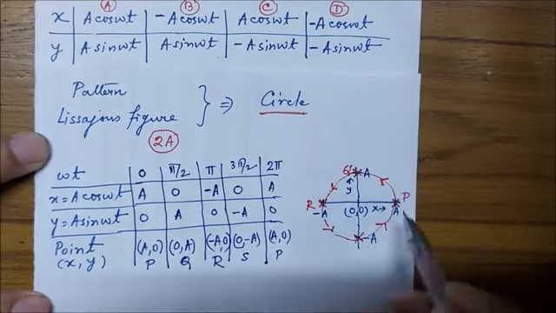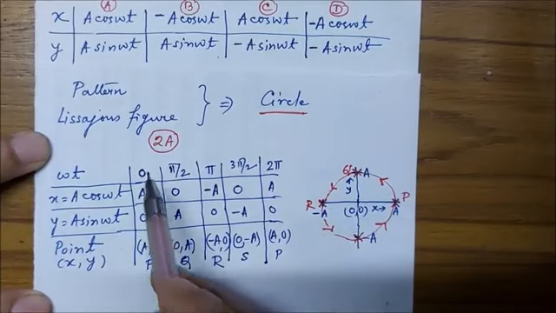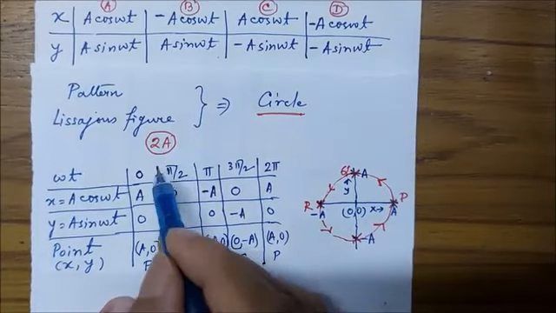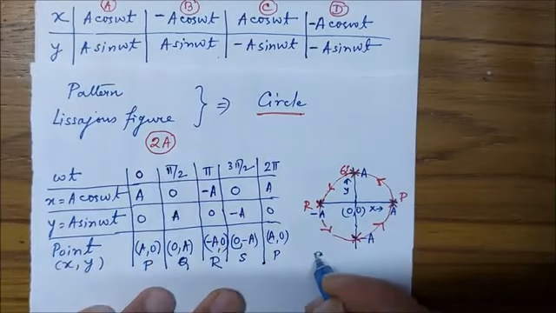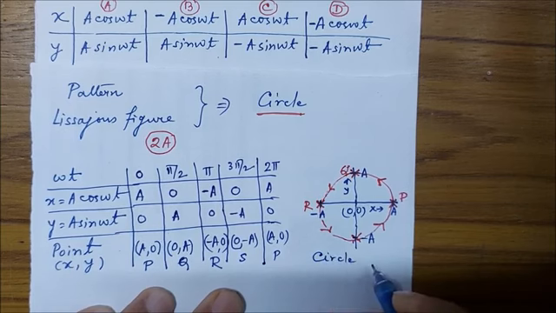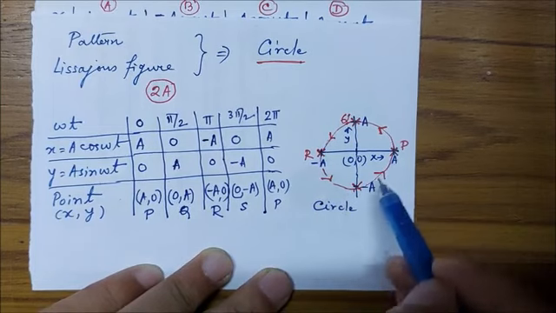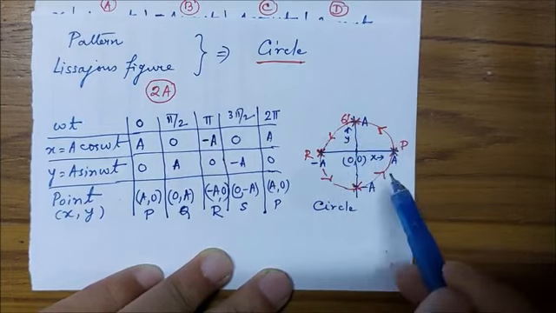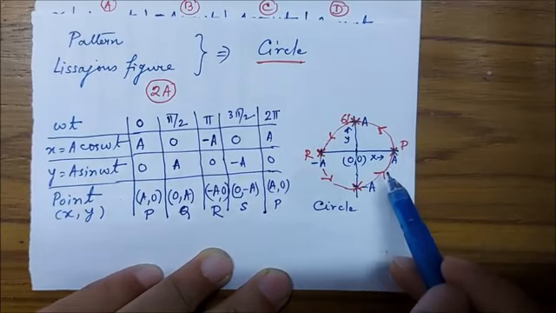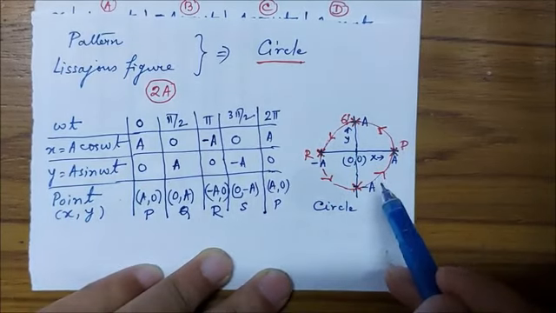So this is the Lissajous figure that is generated for the case 2a, which is a circle. And what is the nature of its tracing? It is clear that the circle is traced in this manner. Now, is it anti-clockwise or clockwise? Is it left-handed or right-handed?